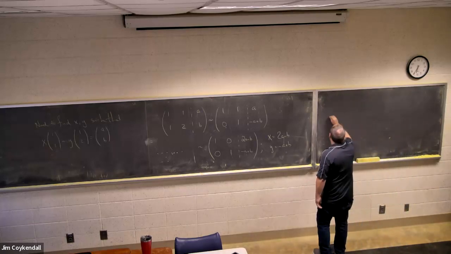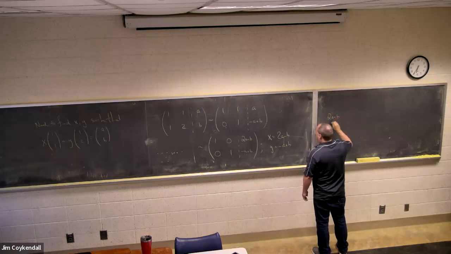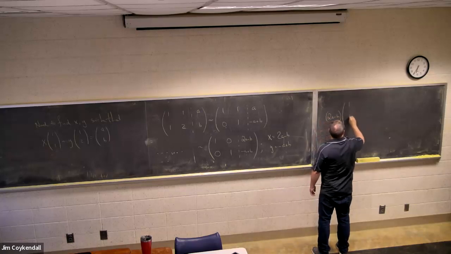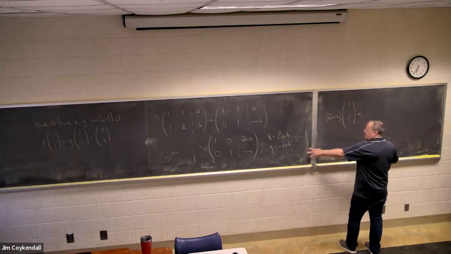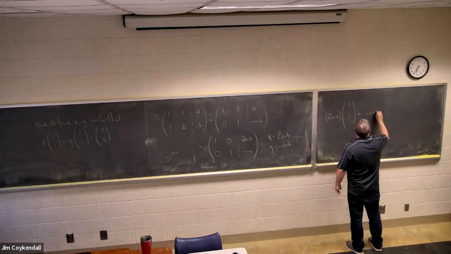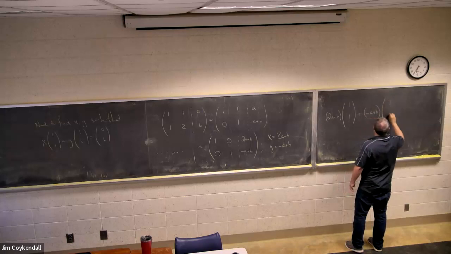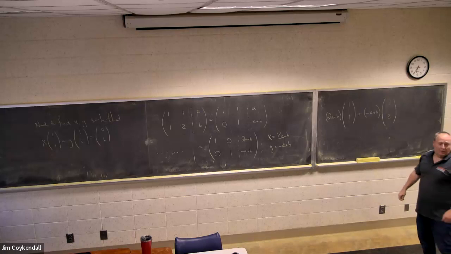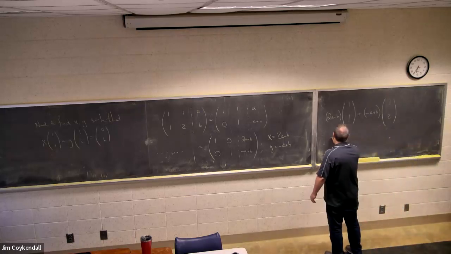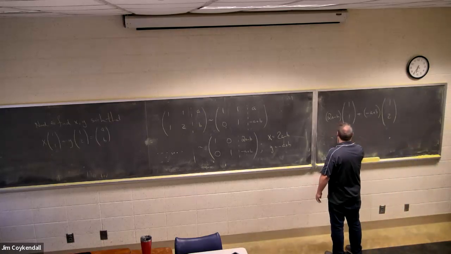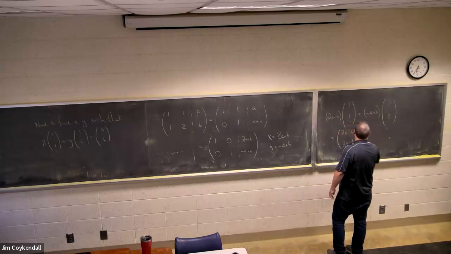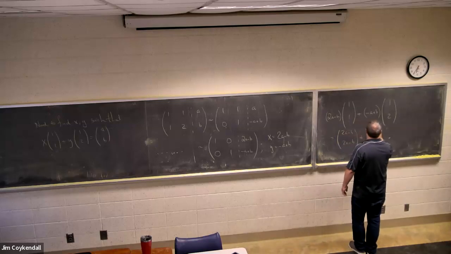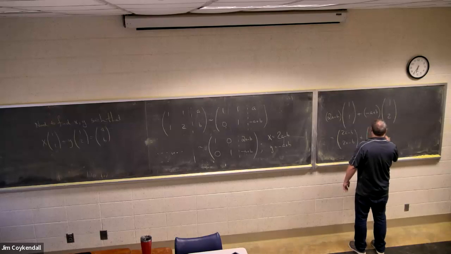So if you look at 2a minus b times the vector (1,1), plus minus a plus b times the vector (1,2), let's see what happens. It becomes 2a minus b, 2a minus b, plus minus a plus b, minus 2a plus 2b.